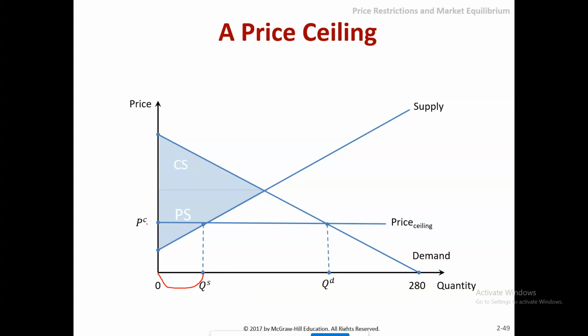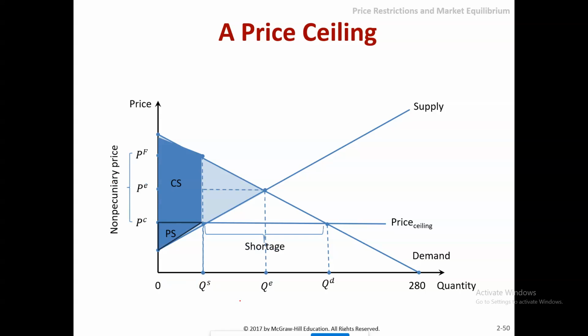So with quantity supplied QS and price PC, this is the prevailing price and this is the prevailing quantity. At this time, the consumer surplus is the area below the demand curve, above the prevailing price PC, and enclosed by the amount they can find. So this trapezoid is the consumer surplus.